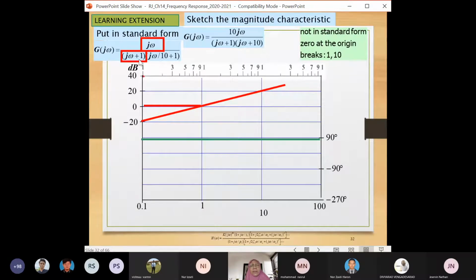It's not a double, it's not a quadratic pole. So from 1 to 10, it drops 20 dB, 20 dB per decade. Okay, and the second pole, 10.